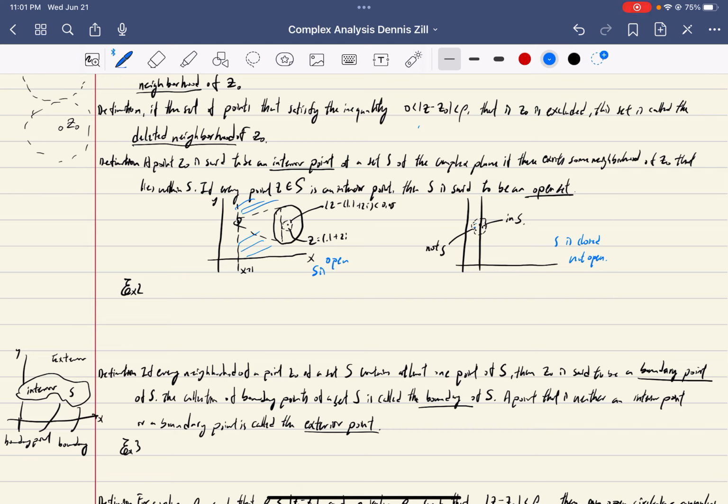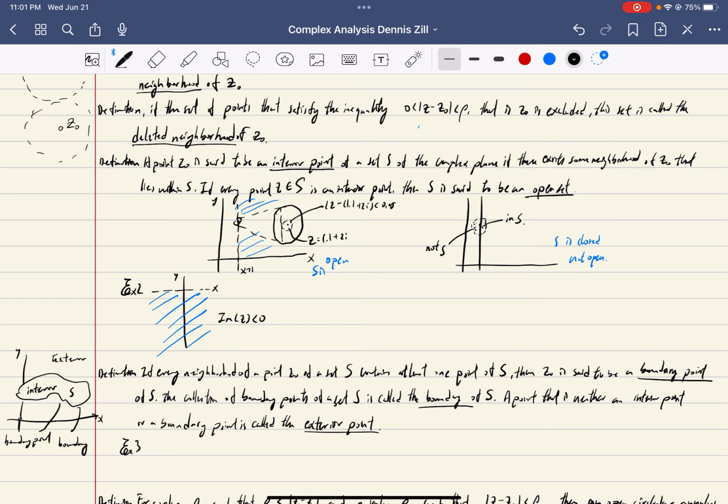Now let's do some examples. If you have your y-axis and your x-axis, but we do not include the x-axis, we define everything under the x-axis. How do we come up with an inequality? Well, the imaginary part of z is in fact less than 0.